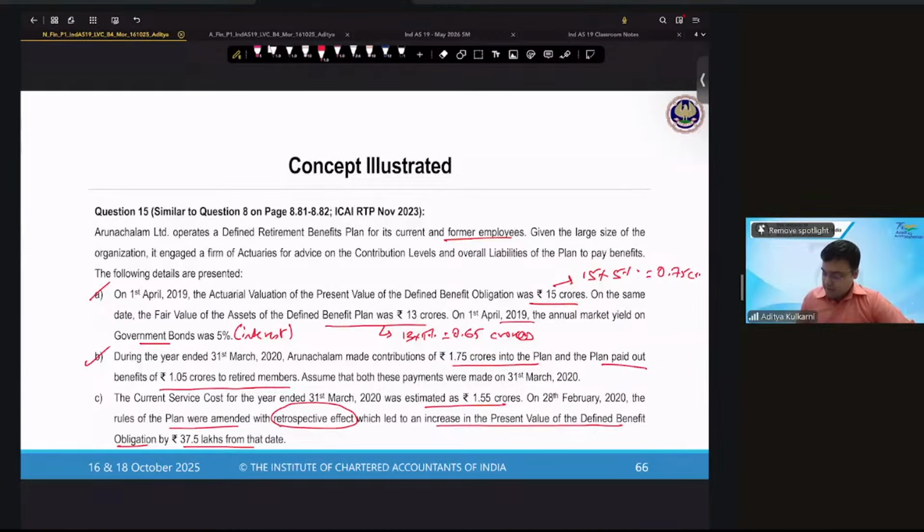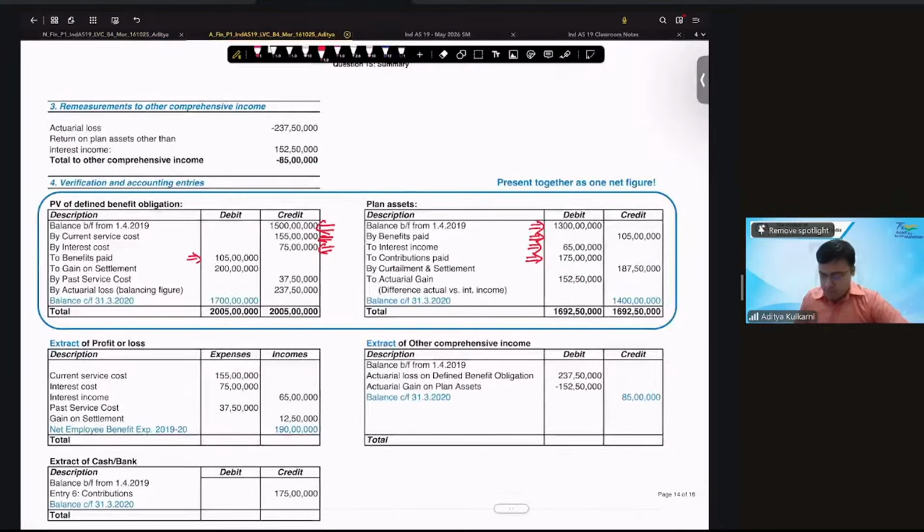We did this question today: 1% became 2.5%, which gave an increase of some 2 lakh rupees in that example. Yes or no? Yes, sir.